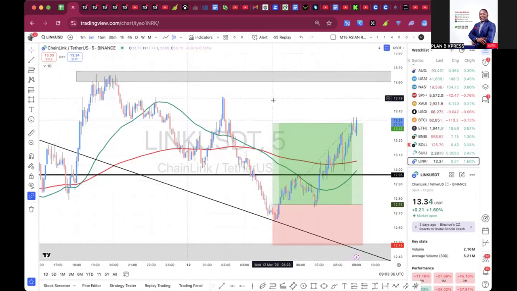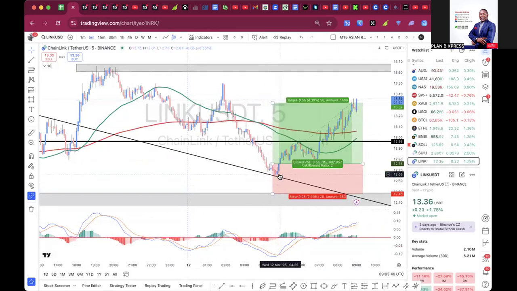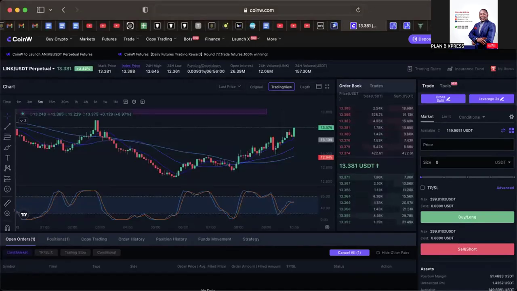Okay? So if you look at it, your MACD had already given you an edge because of the momentum, pullback, and all of that. So if I go to check that trade I opened, let's quickly go back there. Remember, I opened a trade on my Coinw, and see.